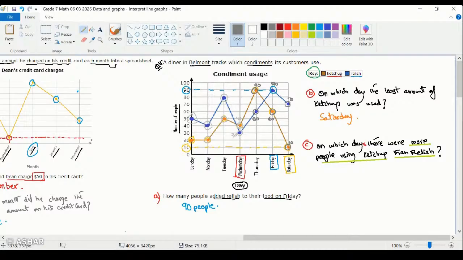So which 2 days are there? More ketchup, right? We can say on Wednesday and what's the next day? More people using ketchup compared to relish. And Thursday.